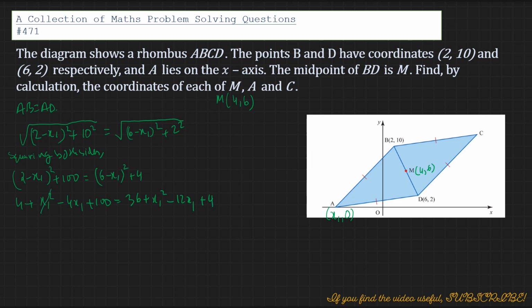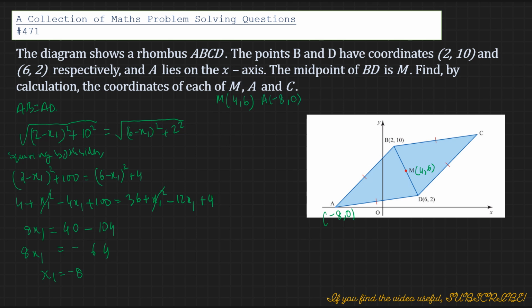You see the x1 squared terms get cancelled out and we're left with minus 4x1 plus 12x1, so bringing the x1 to the left side, we get 8x1 equals 36 plus 4, that is 40, minus 104, that is 100 plus 4. So 8x1 is minus 64 and x1 is minus 8. Therefore the coordinates of A would be (minus 8, 0). So A is (minus 8, 0).